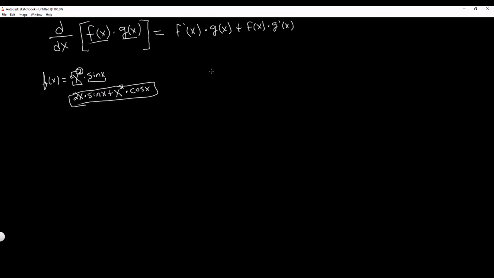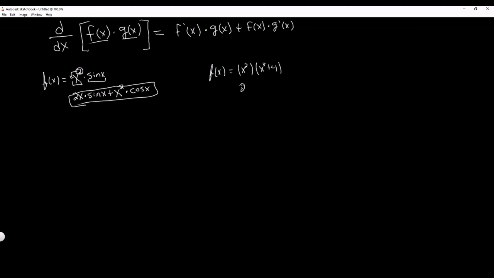Let's try another one. Let's say f of x is equal to x squared times x cubed plus 4. Okay, so we'll take the derivative of the first function.